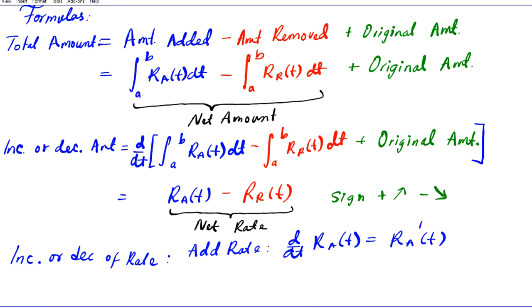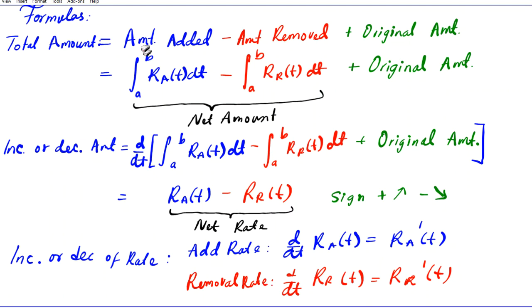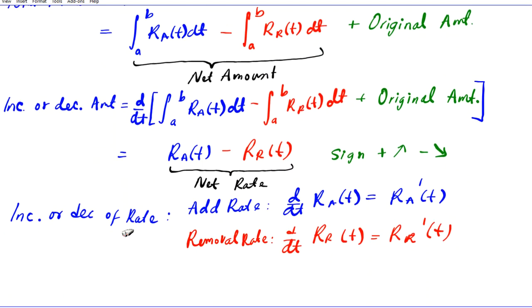Okay, and then if you differentiate the rate of removal, which can be written as the rate of removal function prime, this can tell you if the rate of removal is increasing or decreasing at any specific point in time. Okay, so let's call this the add rate, and this is the removal rate here.